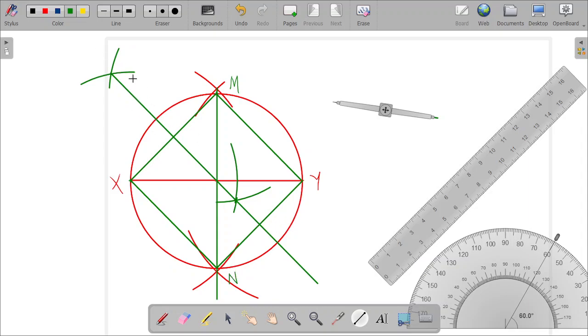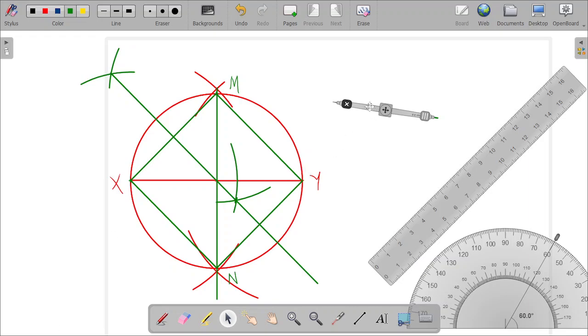So this bisector is bisecting line XM and also line NY. Is that clear, please? This bisector is bisecting line XM, at the same time bisecting line NY. So the same way, I'm going to bisect line MY.